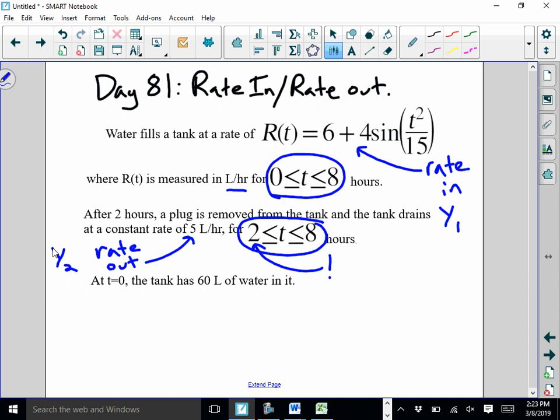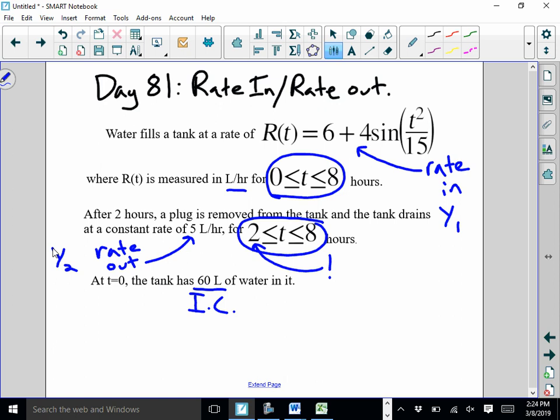The last thing that's very important here, it says at t equals 0, the tank has 60 liters of water in it. What is that? That's our initial condition. Some of the questions I'll ask you about, the initial condition won't really matter. Some of the questions I ask you about, the initial condition really matters.